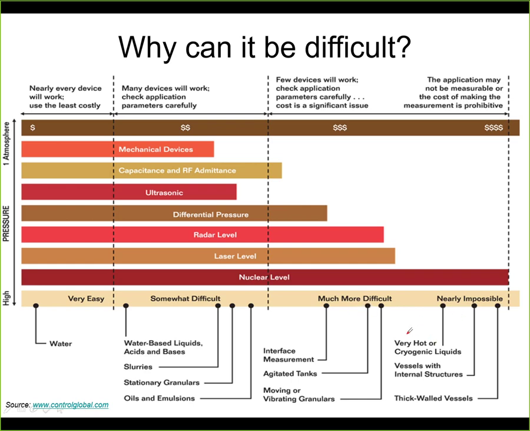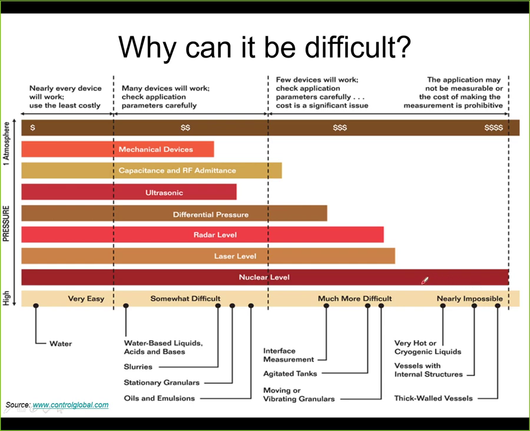And if we have very hot or cryogenic liquids, if we have vessels with internal structures, if we have high temperatures and radioactivity, for example, it might be even impossible to measure with the sensors that we currently have available.